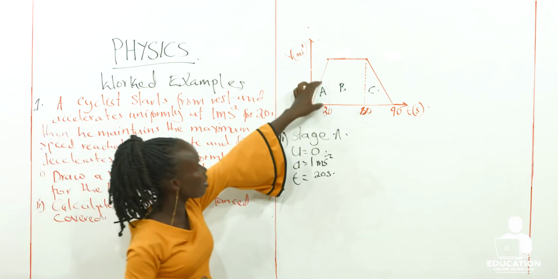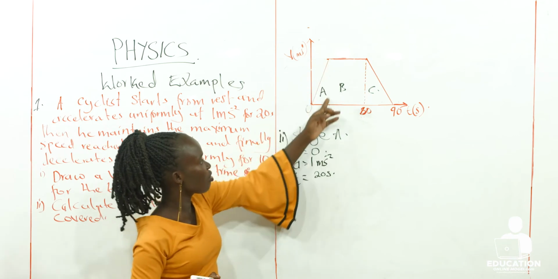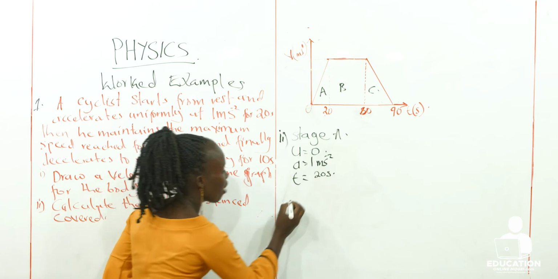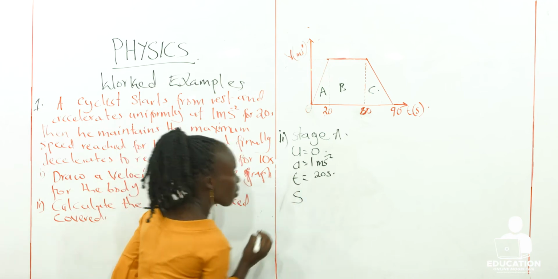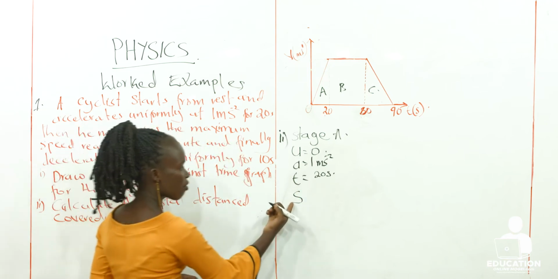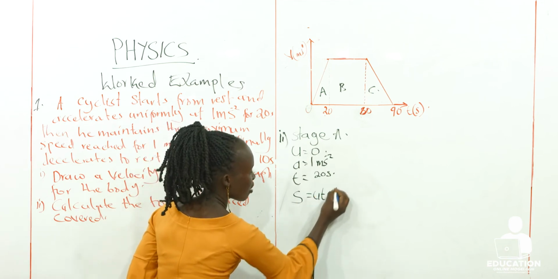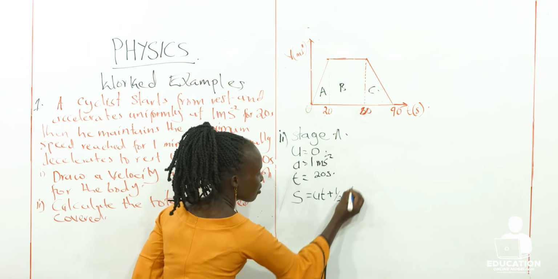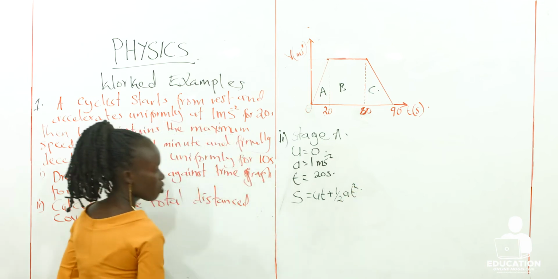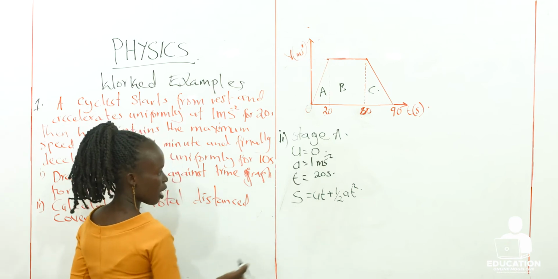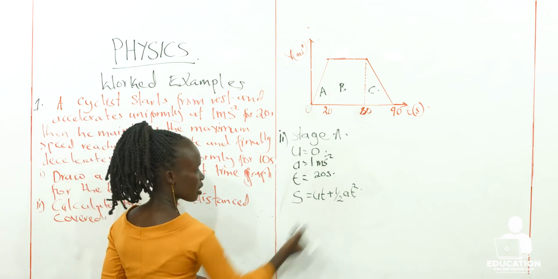So if you have it like that, how would you get the distance under only this first stage here, this stage A? So from your equation of motion, we are going to use our second equation, where we have s equals ut plus a half at squared, because our s stands for distance, u is the initial velocity, then we have the acceleration and time.